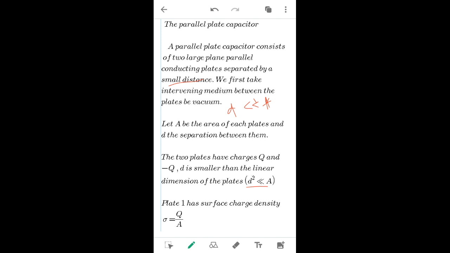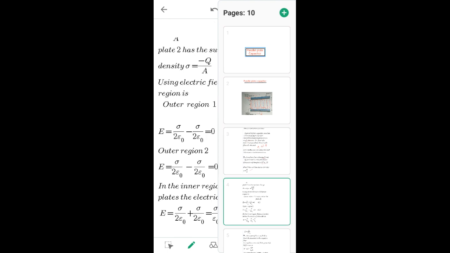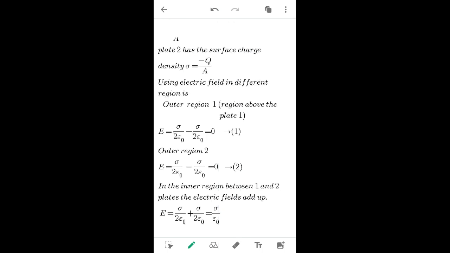One plate has a charge plus Q and the other plate has a charge minus Q. The surface charge density on the first plate is sigma equal to Q by A, because it is a positive charge. The surface charge density on the second plate is minus Q by A.